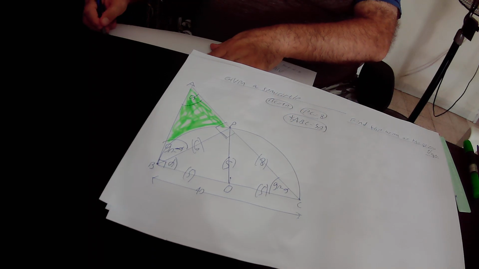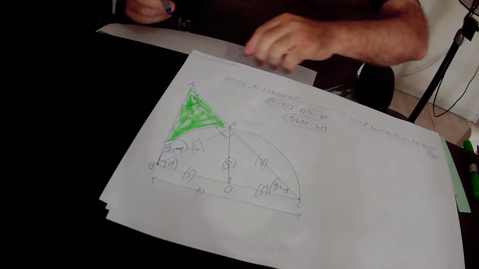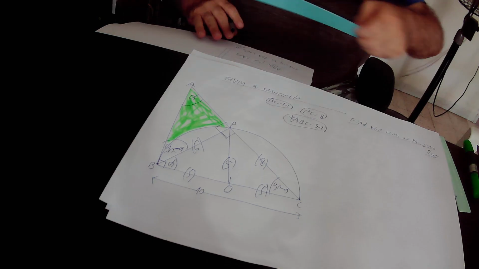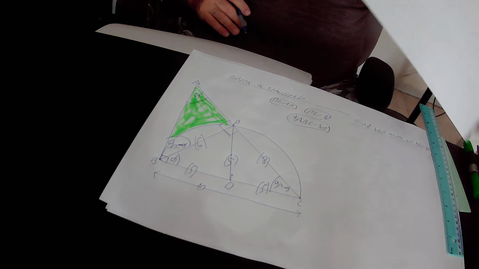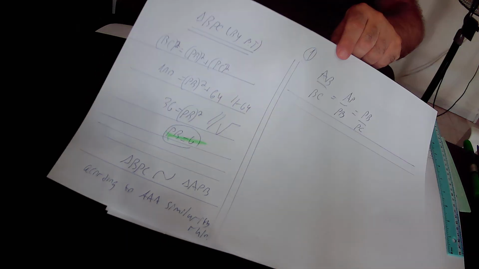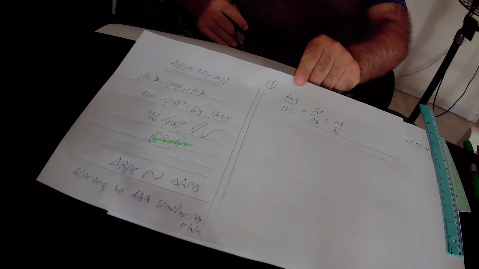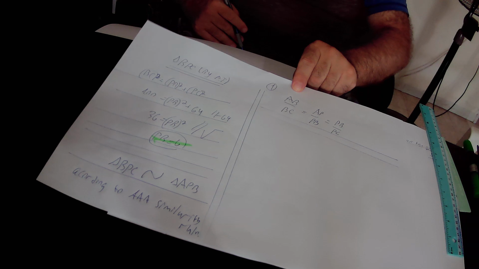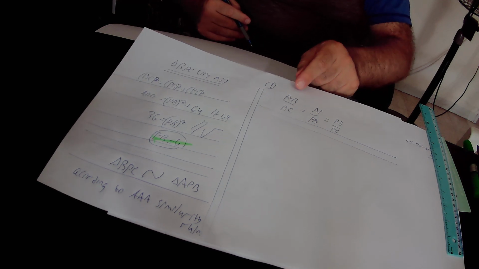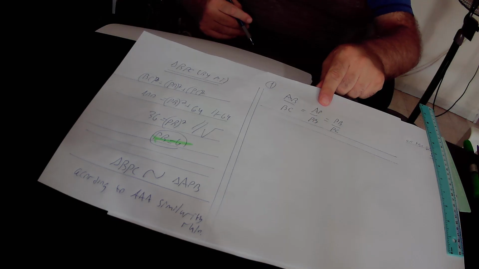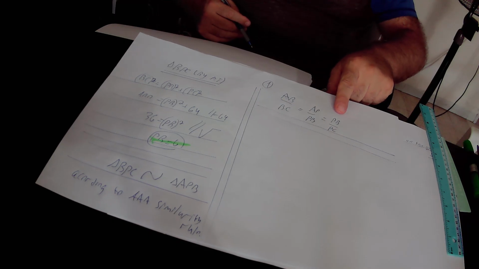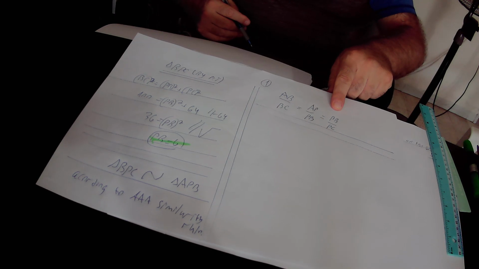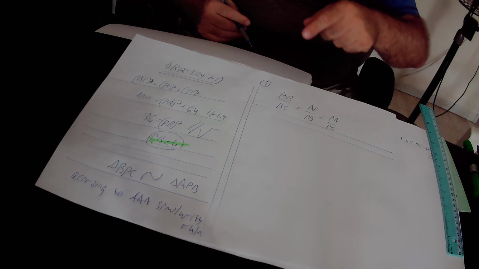To repeat, from the fact that those two right triangles are similar, we derive that side AB of the right triangle ABP over side BC of the right triangle BPC is equal to side AP of the right triangle APB over side PB of the right triangle APB, and it is also equal to side PB of the right triangle ABP over side PC of the right triangle PBC.